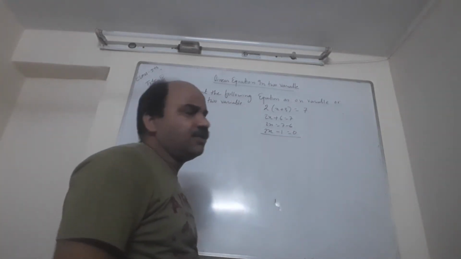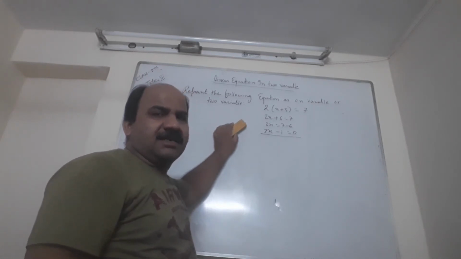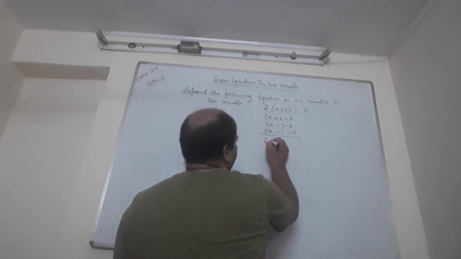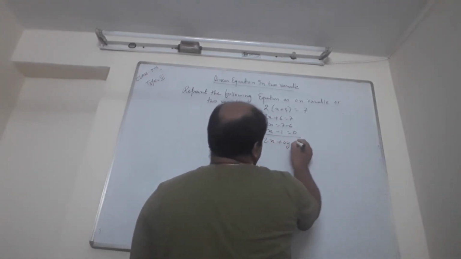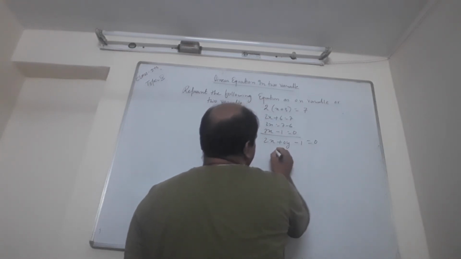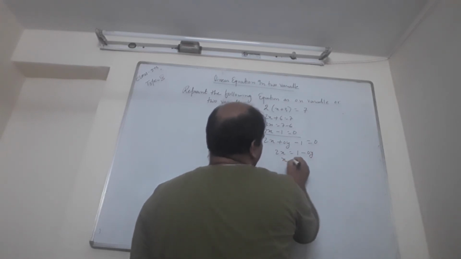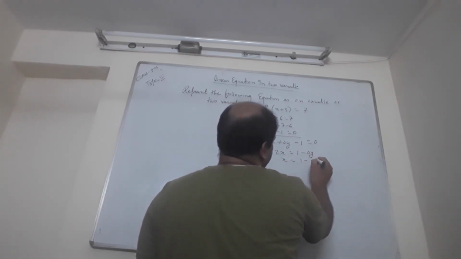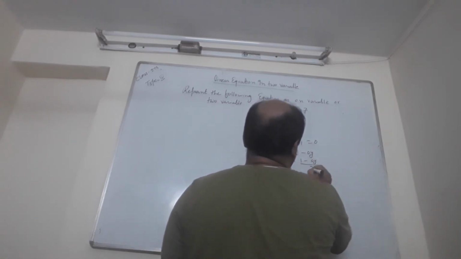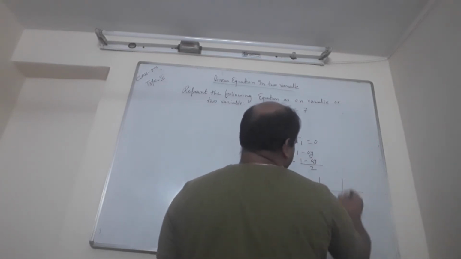So changing it into two variables, as we have done in type 1, write the equation in standard form. So here also we write 2x plus 0y minus 1 equal to 0, or 2x equal to 1 minus 0y, or x equal to (1 minus 0y) by 2. So now it becomes an equation in two variables.